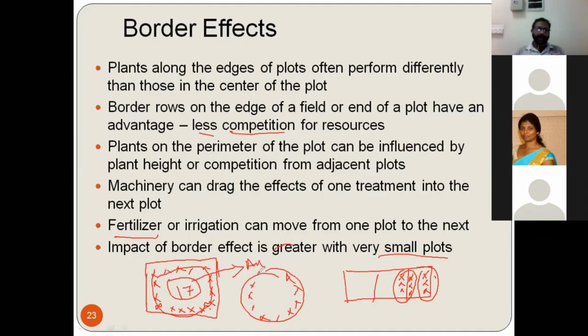These are the only plants that I can use for analysis. The border effect plants, I cannot use for any purpose. So when you plan your design, you have to leave some plants for border effects as well. So we have to plan it properly, right?